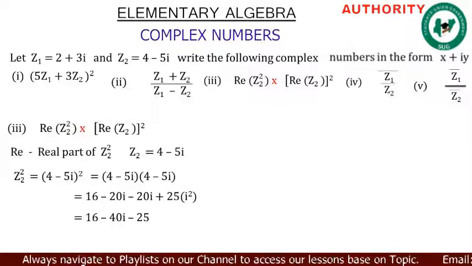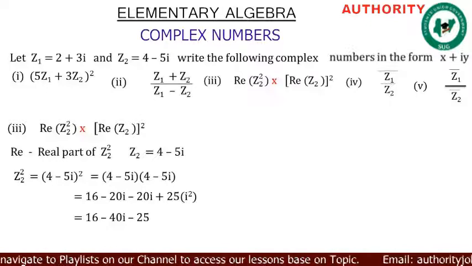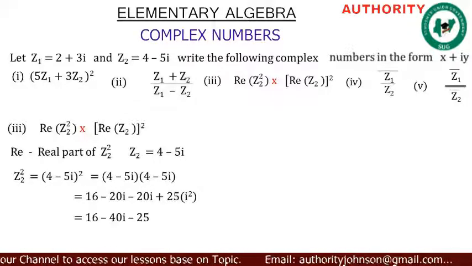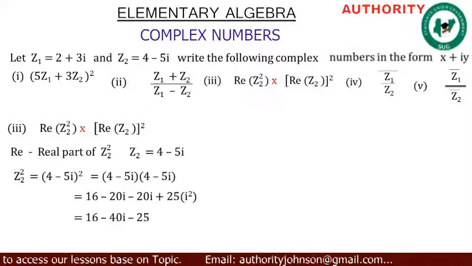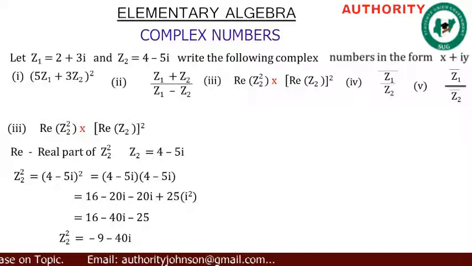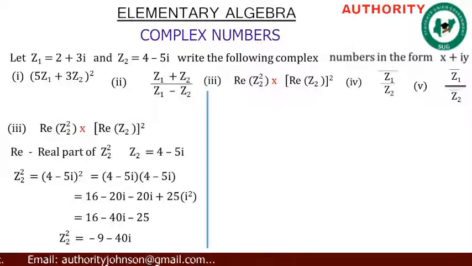I squared is minus 1, times plus 25 going to give us minus 25. So we are having 16 minus 40i minus 25. Okay, so 16 minus 25 is equal to minus 9. So we will have minus 9 minus 40i. Okay, so here we have found our Z2 squared to be minus 9 minus 40i.